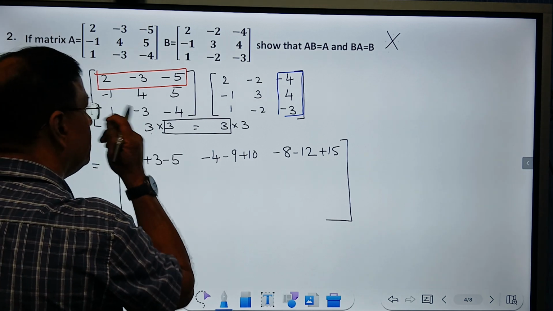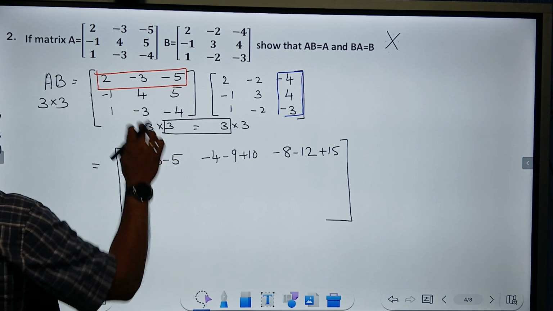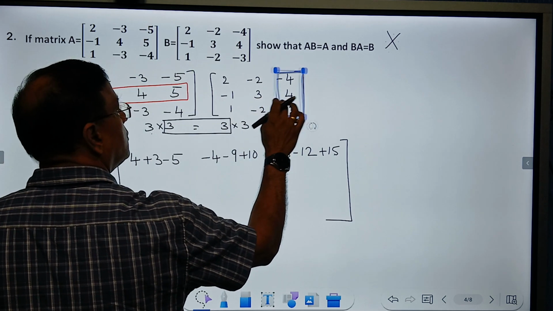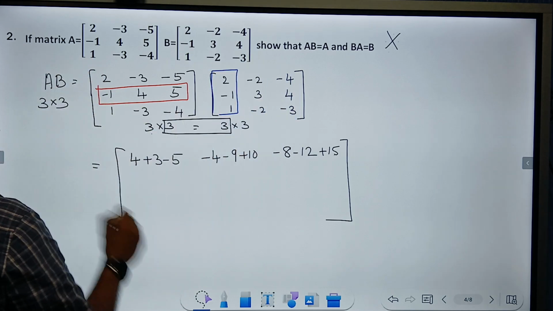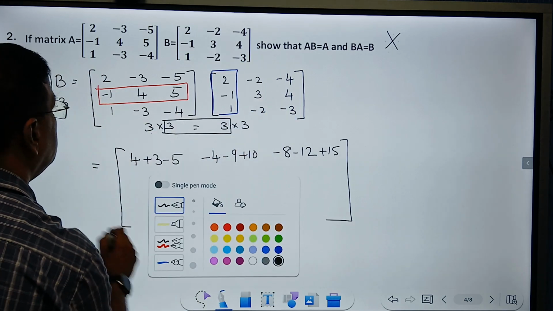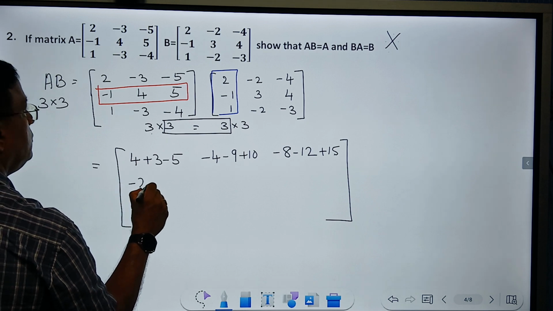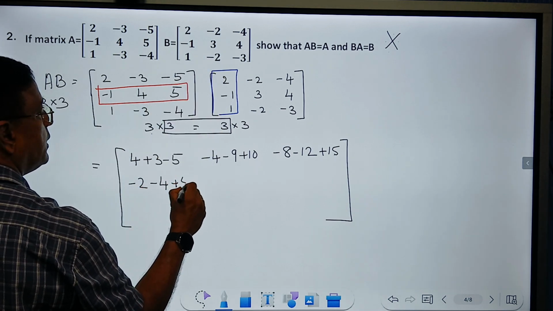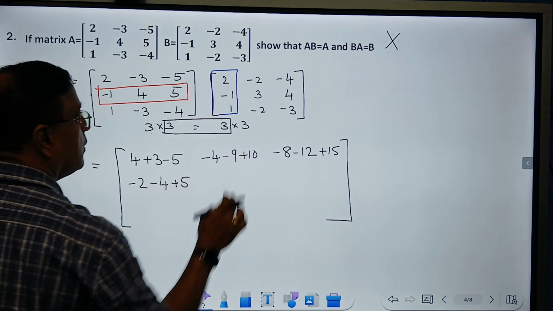Okay, let's continue. Bring this back to row 2, bring this to row 2, bring this back to row 1, column 1. Now how do you multiply this? Tell me. Minus 2 minus 4 plus 5. What's next?